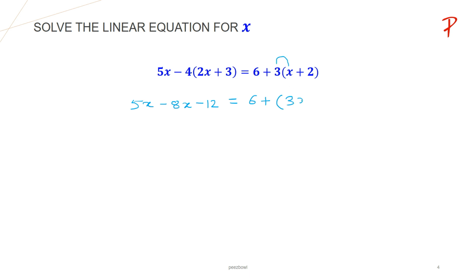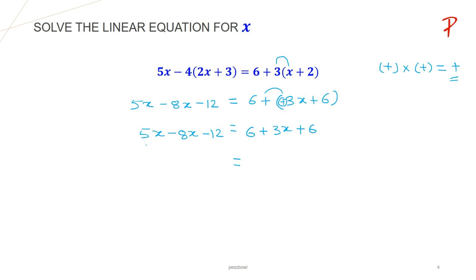This is going to be 3x plus 3 multiplied by 2 is 6, right? And whenever a plus sign is multiplied by a plus sign, then the result is a positive number, positive integer, alright? So for this, 6 plus is multiplied by this is plus, that is 6 plus 3x and then 6. And on the left hand side we have 5x minus 8x minus 12.